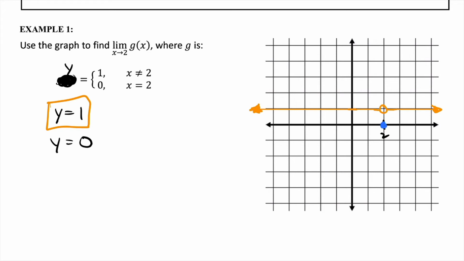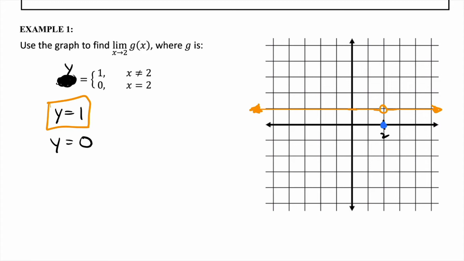The hole is there because it's missing. The answer is not there. It's right below it. That's what that means. So everywhere on the graph is y equals 1. Y equals 1 has free reign everywhere, except when x equals 2. When x equals 2, it's got to be somewhere else. And where is it at? It's at y equals 0. Okay, so that's what the graph's going to look like.